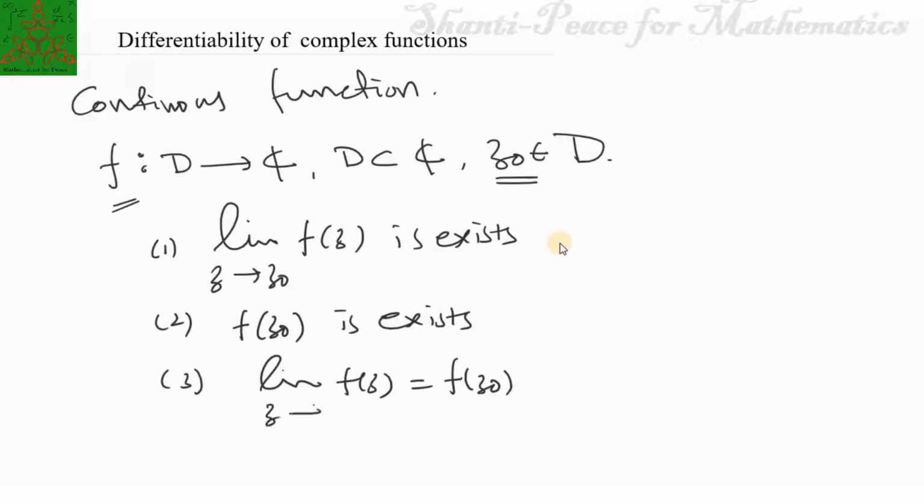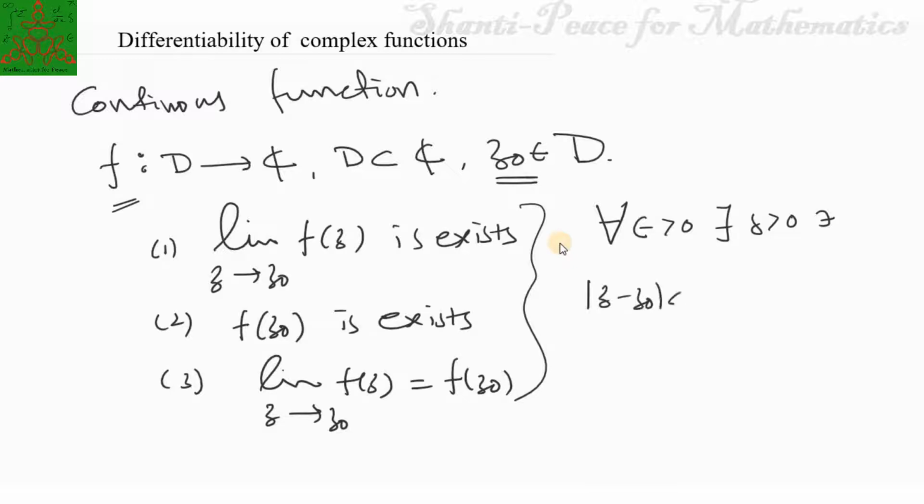All these three conditions can also be written as: for every epsilon greater than 0 there exists a delta greater than 0 such that mod of z minus z0 less than delta implies mod of f of z minus f of z0 less than epsilon.